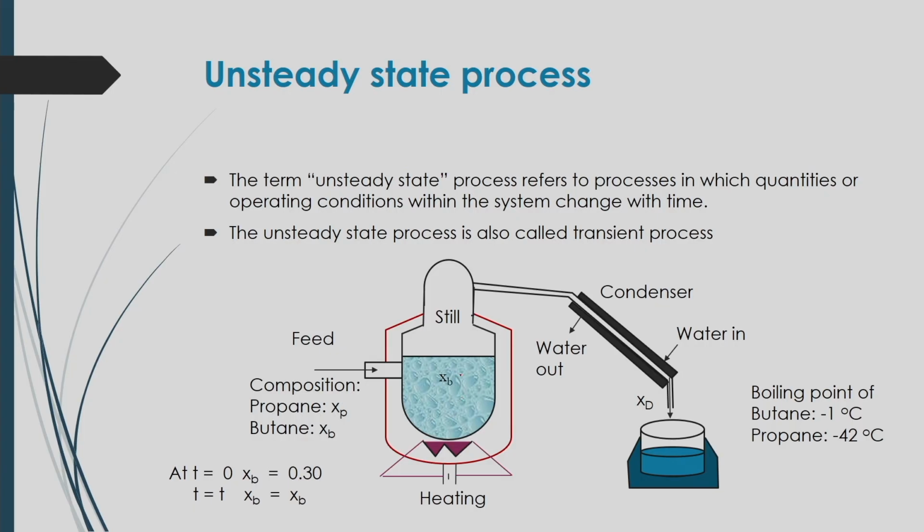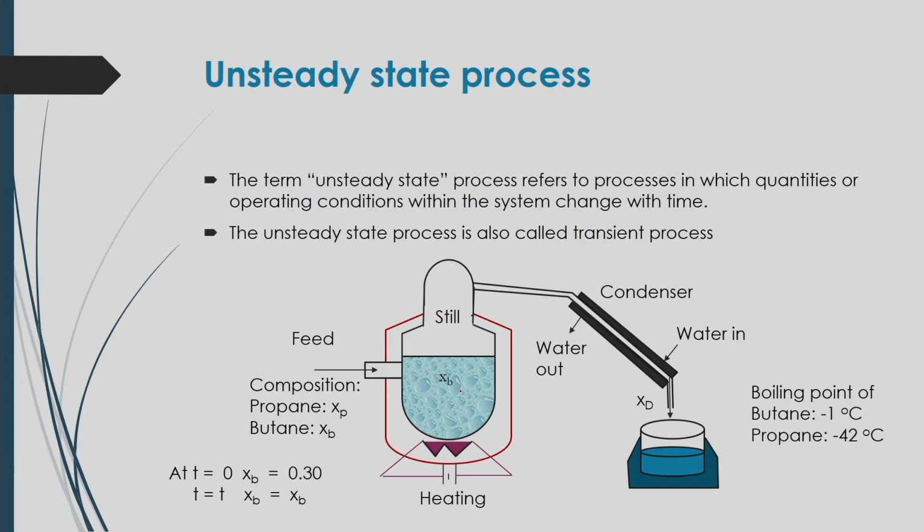Let this liquid mixture be a propane and butane mixture, and in this mixture a certain amount of propane and a certain amount of butane will be there, with mole fractions xp and xb. Here xp means mole fraction of propane and xb means mole fraction of butane.